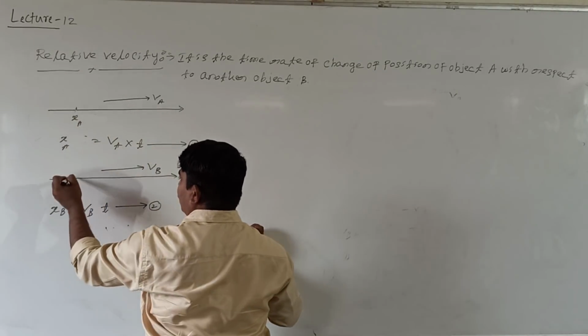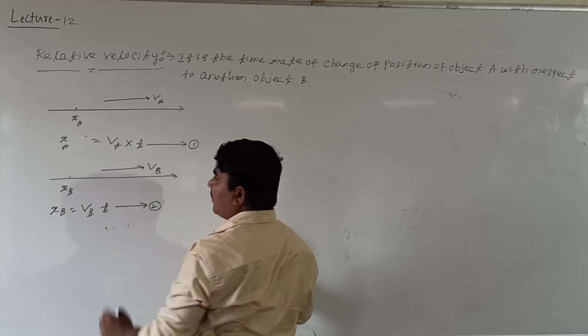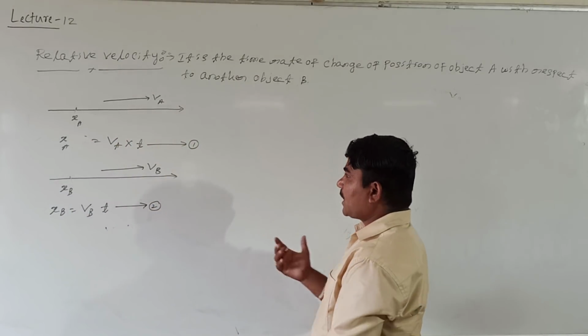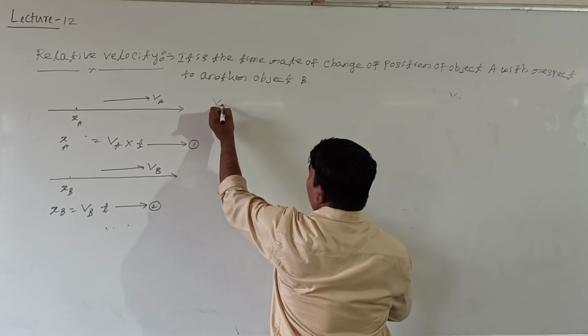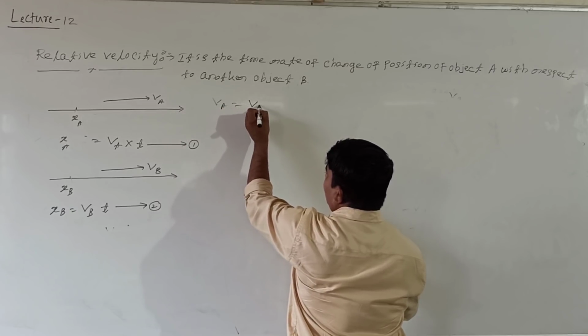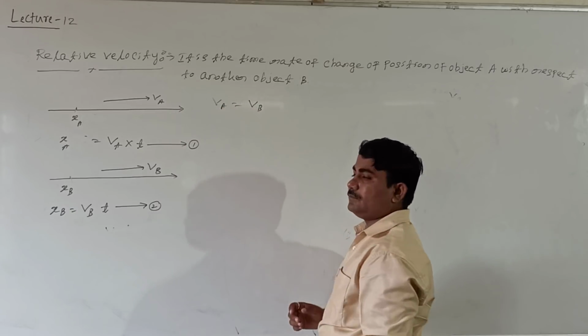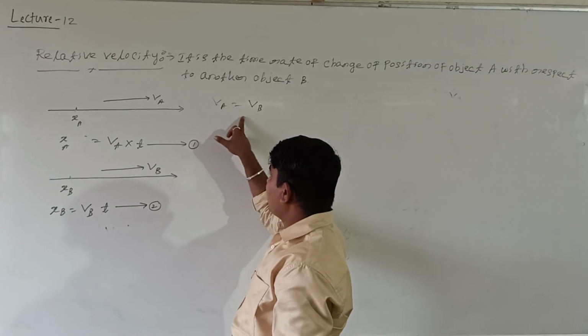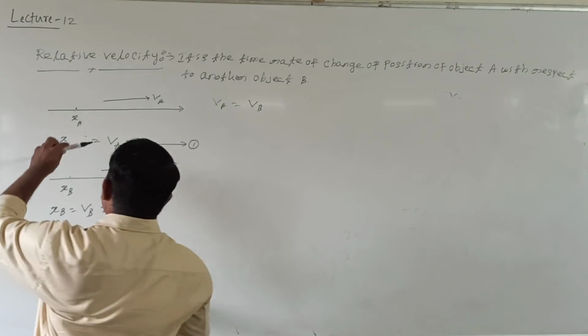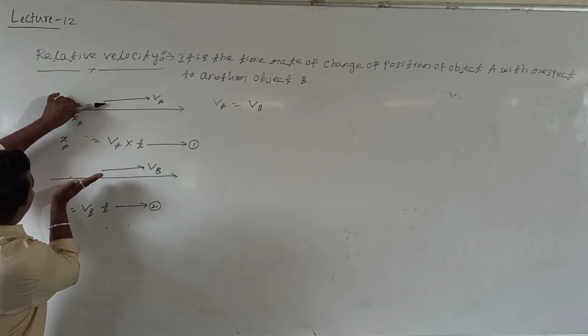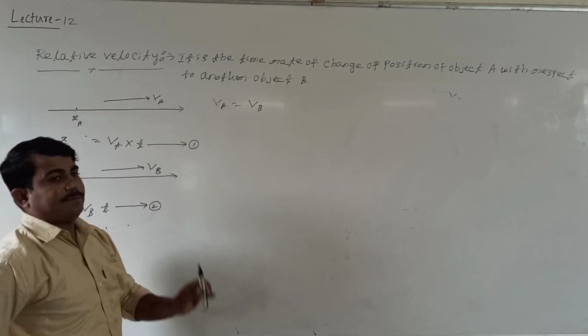Both are moving from the same position with velocities VA and VB. In this case, velocity of A must be equal to velocity of B, and both bodies are moving from the same point with the same velocity.